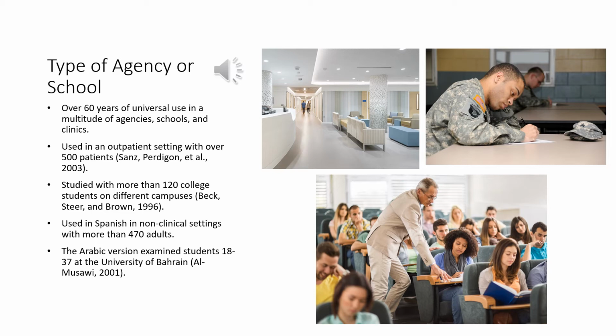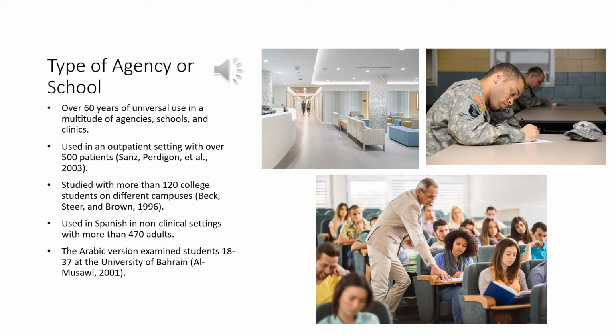The BDI has also been used in clinics that serve combat veterans diagnosed with PTSD. In 2003, the psychometrics of the Spanish adaptation of the BDI-2 were examined with more than 470 non-clinical adults, and the psychometric properties of the Arabic version of the BDI-2 were studied in 2001 with students aged 18 to 37 at the University of Bahrain.